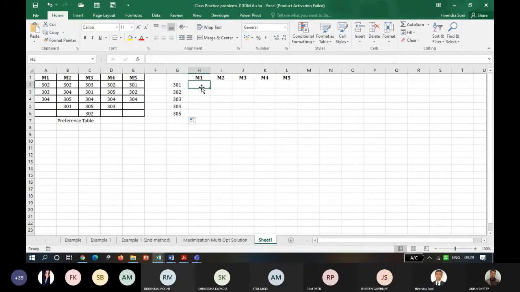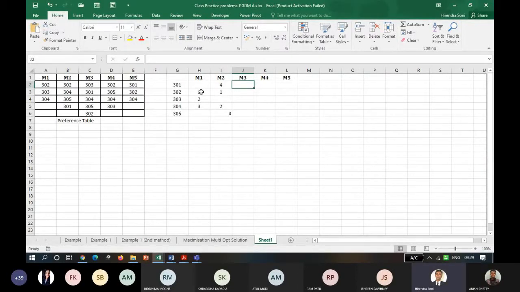Fine. Then we'll have to put the preference table for M1. 302 is the first preference, 303 is the second, 304 is the third. For M2, 302 is the first preference, 304 is the second, 305 is third, and 301 is fourth.